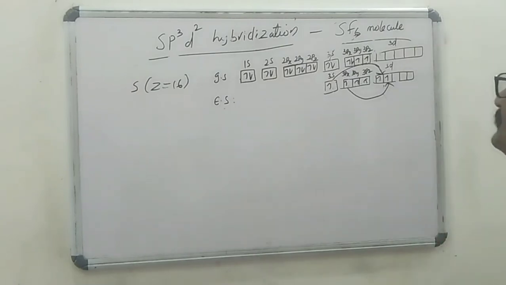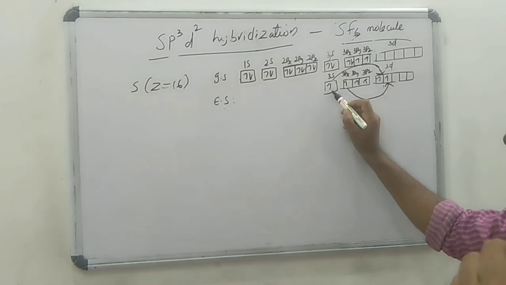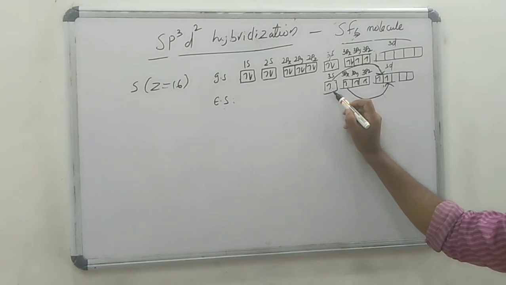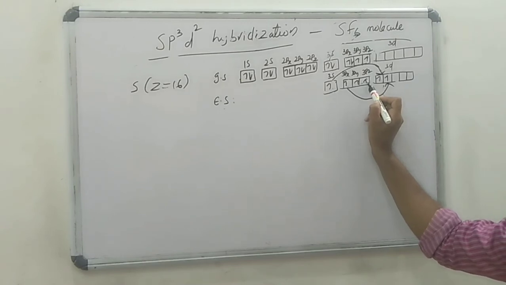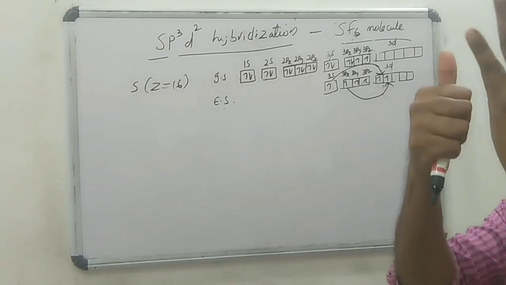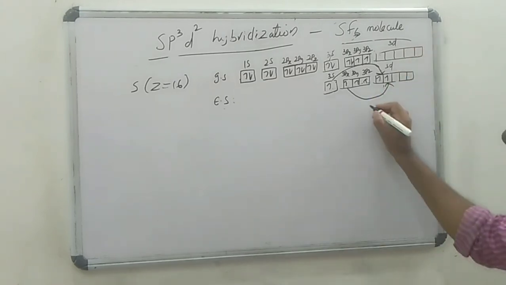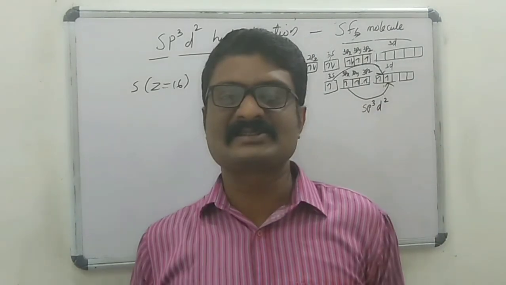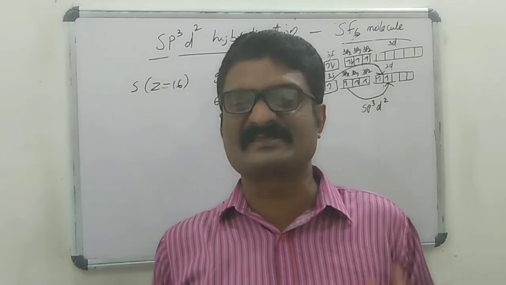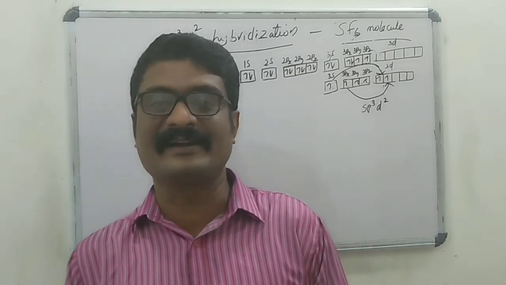Then this one 3s, three 3p orbitals, and two 3d orbitals hybridize to form 6 sp3d2 hybrid orbitals. These 6 sp3d2 hybrid orbitals of sulfur are directed towards the 6 corners of an octahedron.